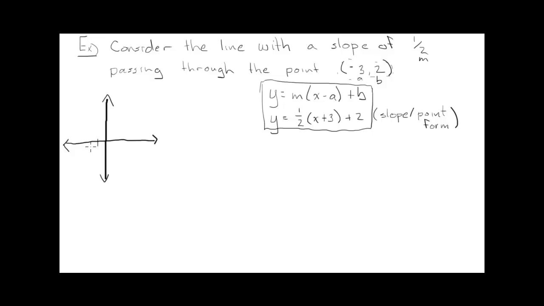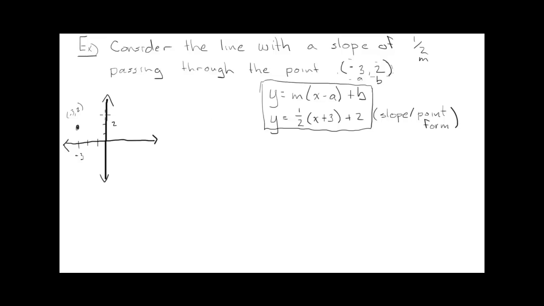So we know that this line passes through negative 3, 2. So that's this point right here. So we know our line's going to go through here. Negative 3, 2. We know it's going to go through it with the slope of 1/2, meaning the rise is 1, the run is 2.